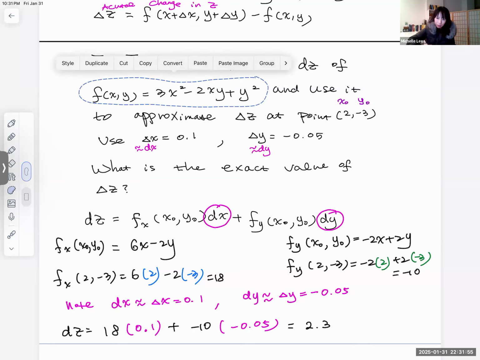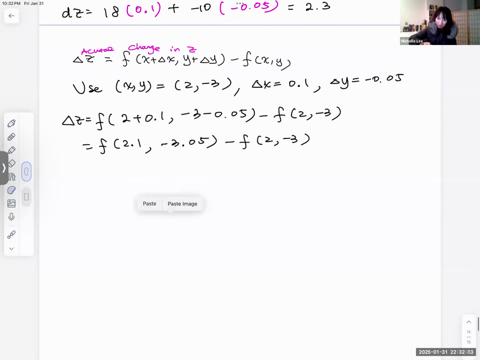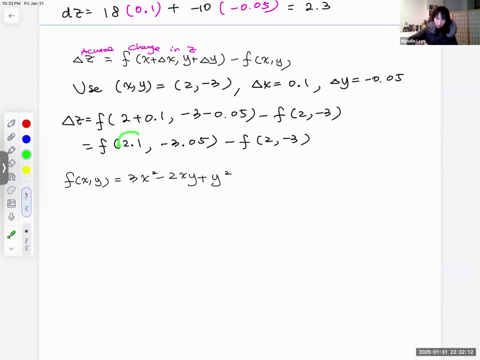We want to substitute 2.1 into x and negative 3.05 into y, because f of x, y is a two-variable function. Okay, let's do that.